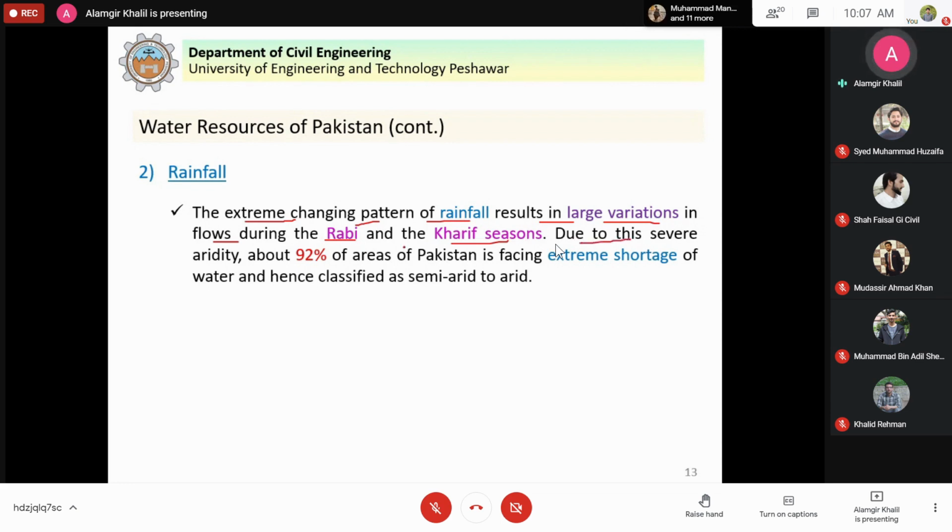Due to this severe aridity, about 92% of areas of Pakistan is facing extreme shortage of water and hence classified as semi-arid to arid. It means that Balochistan and Sindh, clear, those areas can be classified as semi-arid to arid land, where we have less rainfall.